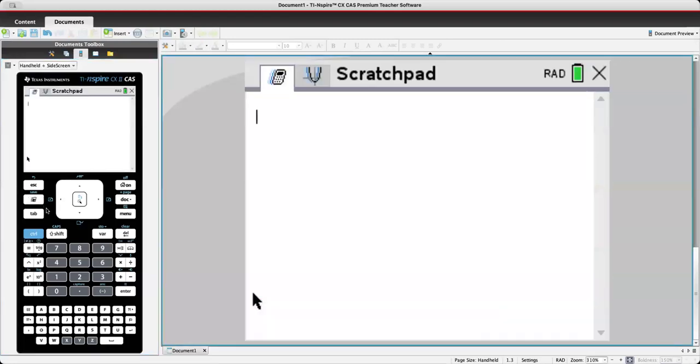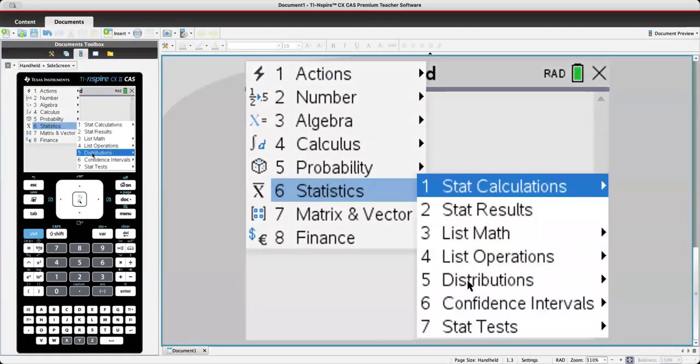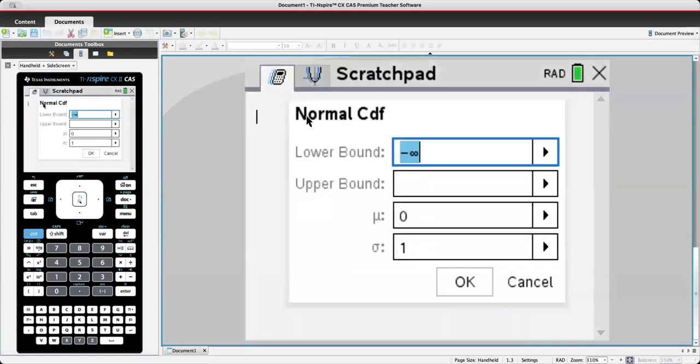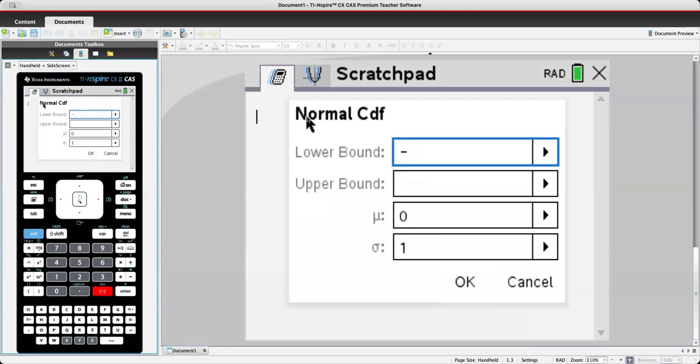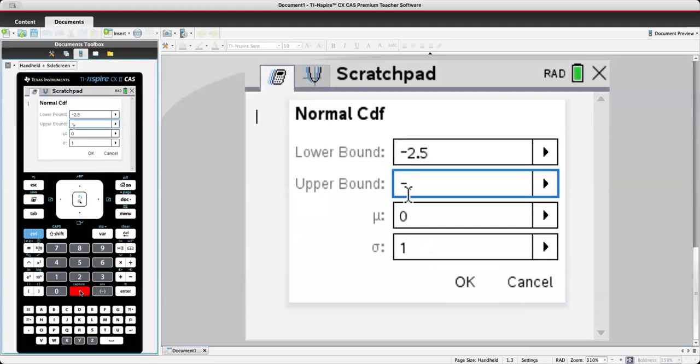Okay, so go to the scratch pad. And then we go to menu, statistics, distributions, and normal CDF. And it's going to prompt me for the lower and upper bounds, and then mu and sigma. So make sure you get the negatives right. It's -2.5 for the lower bound. The upper bound was -0.833, I believe.